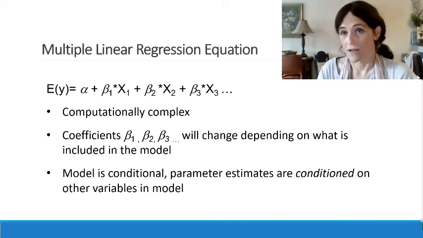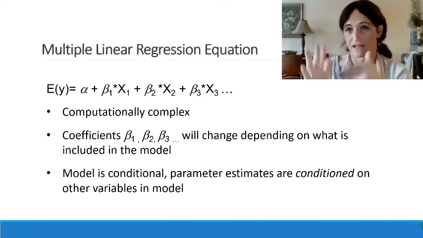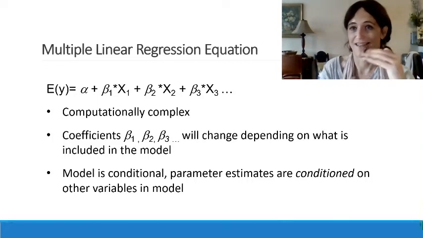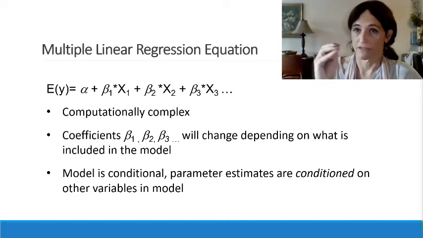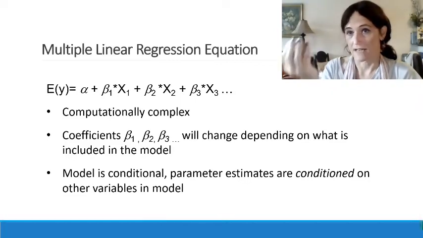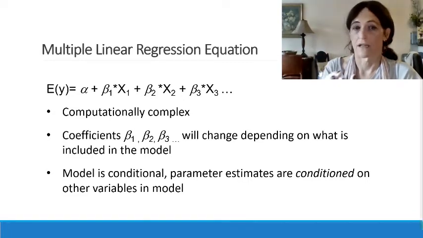Computationally, it's more complex. It's actually fitting lines in multiple dimensions, and we still let it do that work for us. But the coefficients, beta 1, beta 2, beta 3, will change depending on what else is included in the model. Unlike simple linear regression, where we run it, we get our estimate, and that's our estimate.